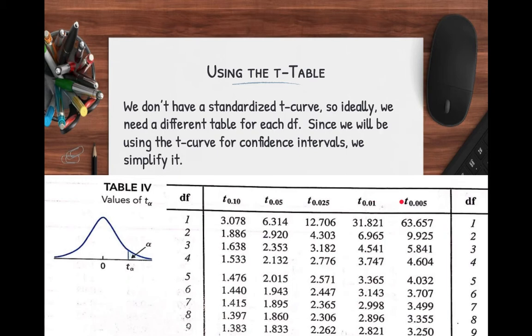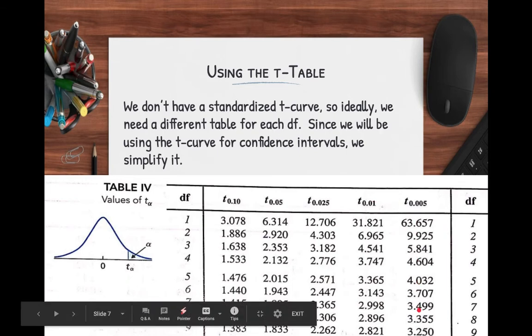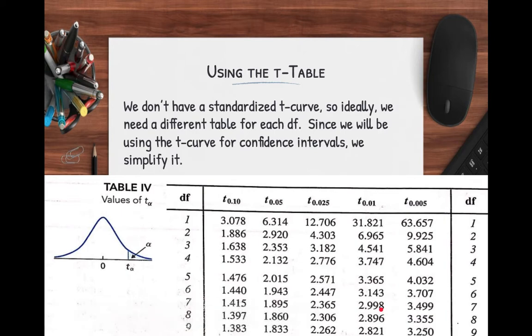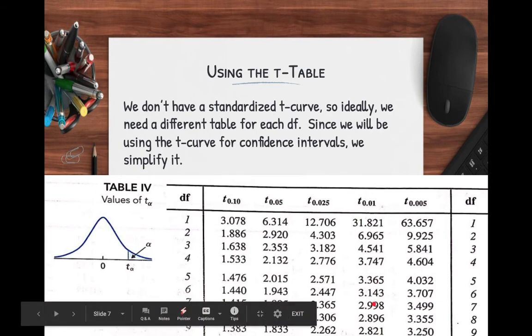But once you get down to 7 degrees of freedom, a sample size of 8, we're down to, say, this 98% confidence interval gives us mostly between 3 standard deviations. So we're getting pretty close there.